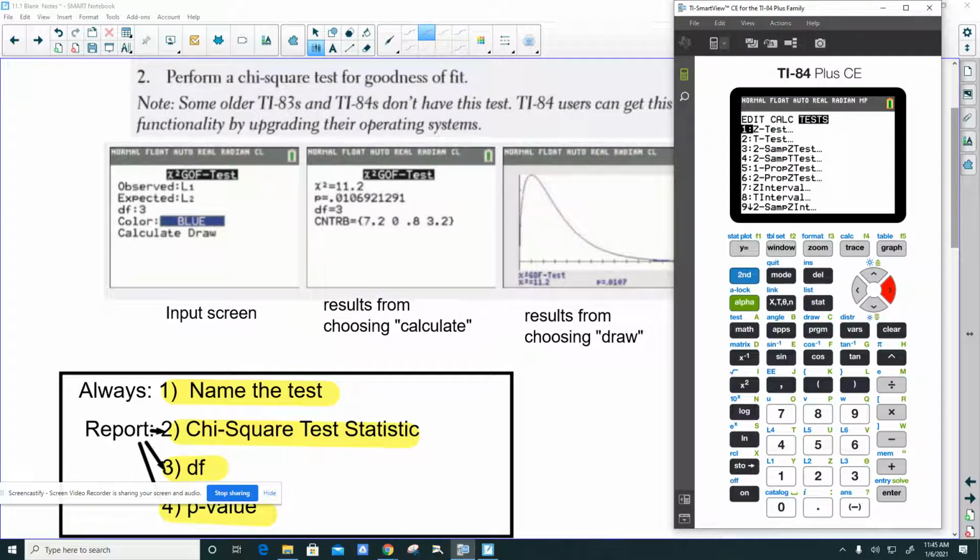We're going under the test menu, and you're just going to scroll down until you see that chi-squared value and then GOF test. That's our chi-square goodness of fit test. It's going to want you to tell it where you put the observed counts, where you put the expected counts. By default, I believe that already should be L1 and L2.